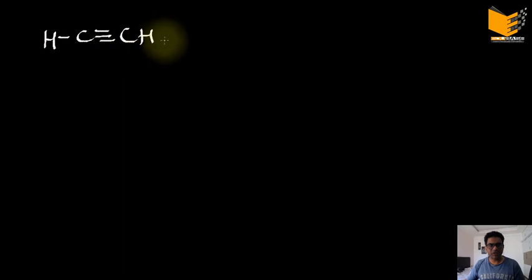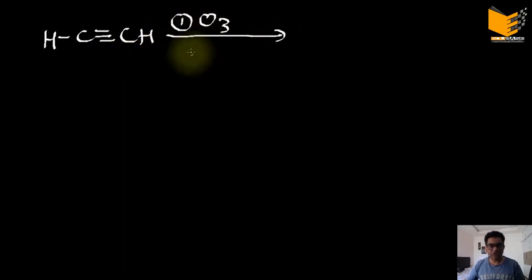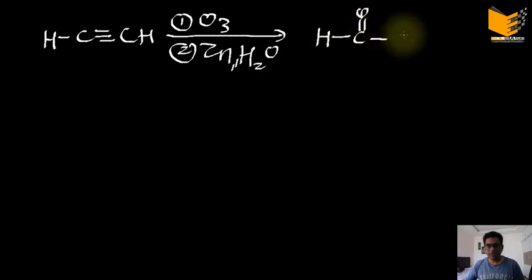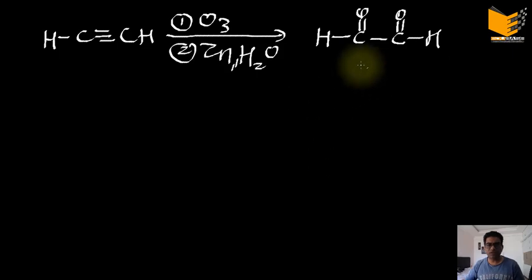Okay, let's take another example. We'll take ethyne, the simplest alkyne. If you take ethyne and do ozonolysis, first is ozone, second one is Zn/H2O. You're basically removing two pi bonds from there, and you just add double bonded oxygen there, and you're done. That is the product of ozonolysis.